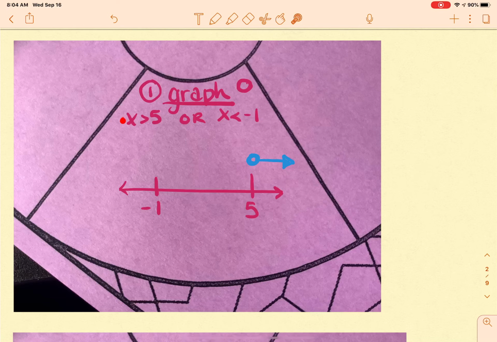When you read this, it's the x values that are greater than 5, so the x values greater than 5 would be down here. Now, if we go to this one, again, it's going to be an open circle at negative 1. And because x comes first, this points the way the line's going to go. So that means my line goes this way.